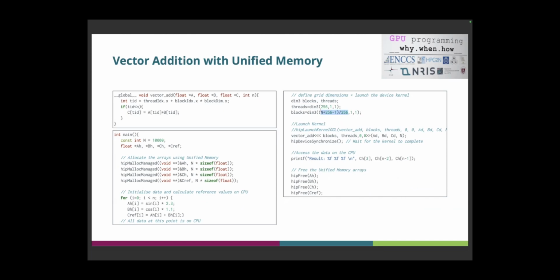But if n is exactly divisible by 256, then having just n plus 256 would give me one extra block. This is not a big problem, but I don't want to have one block hanging around doing nothing. We want to do it as correctly as possible.